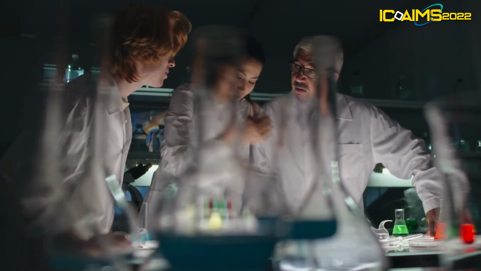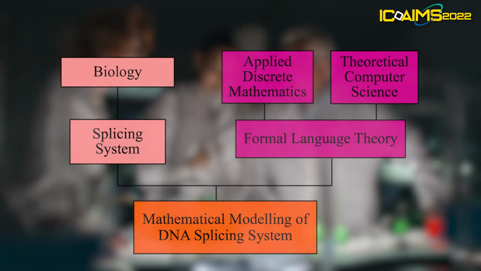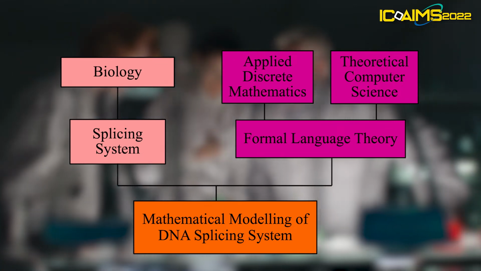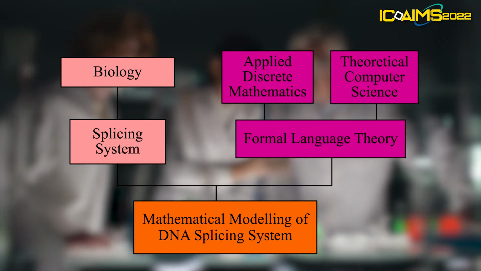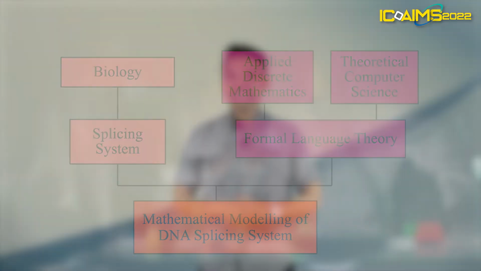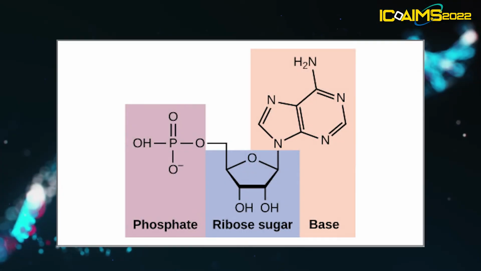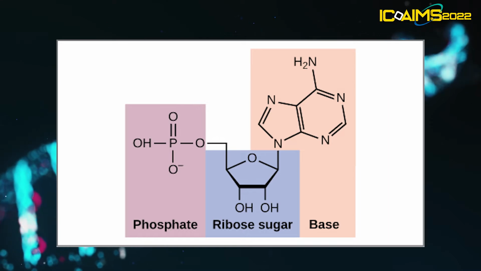Our research is an interdisciplinary study that relates formal language theory and informational macromolecules in biology, which we will focus on deoxyribonucleic acid or DNA. DNA is made up of 3 essential parts such as a phosphate group, a sugar group, and nitrogenous bases.